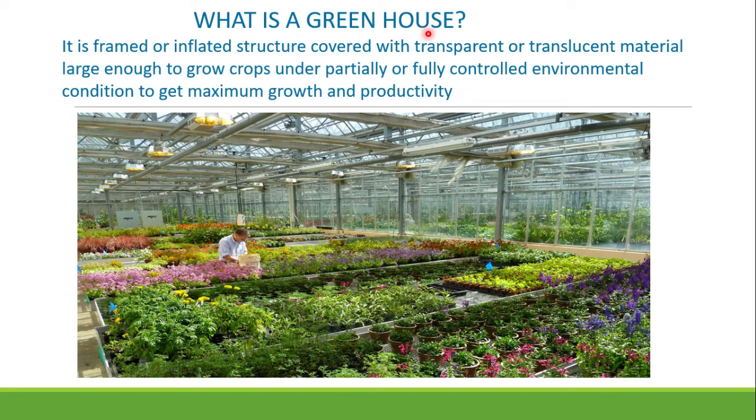What is a greenhouse? A greenhouse is shown here where the plants and vegetables are grown. A greenhouse is a framed or inflated structure covered with transparent or translucent material, large enough to grow crops. The material is just like glass or polythene sheet or plastic sheet, which are spread over the frames.